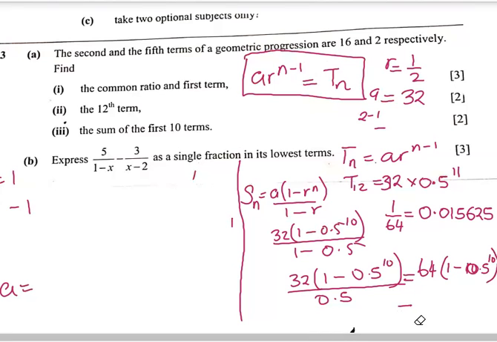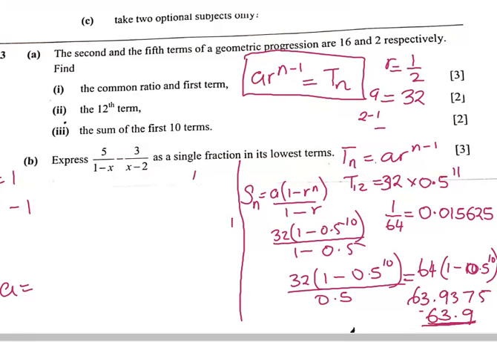We're going to get 63.9375. So this is what you're going to get. But if you want to round this off to 3 significant figures, as they always advise, it will be 63.9. That is what is going to be your answer, isn't it?